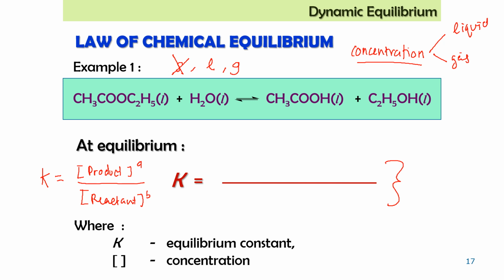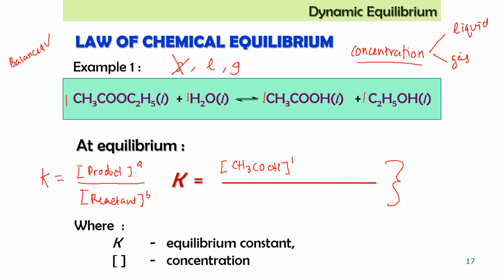So K is equal to concentration of product, in this case CH3COOH, to the power of its coefficient, this 1. So in front here all the coefficients are 1. Make sure to balance the equation. So when you write the equation, make sure it is balanced.